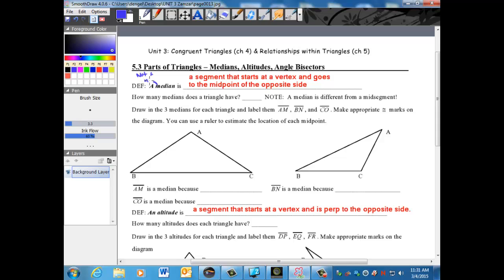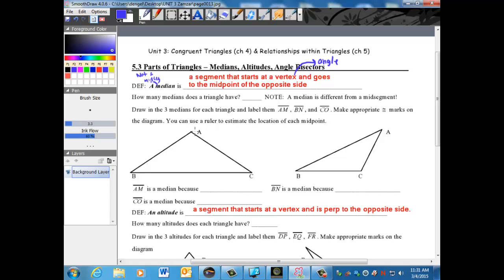It's somewhat similar to it, but what it does is we're going to start at an angle, which is the same as a vertex. So when it says a segment that starts at a vertex, that's a name for an angle. So it starts at an angle and goes to the midpoint of the opposite side.